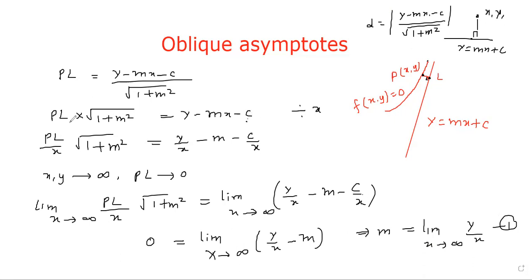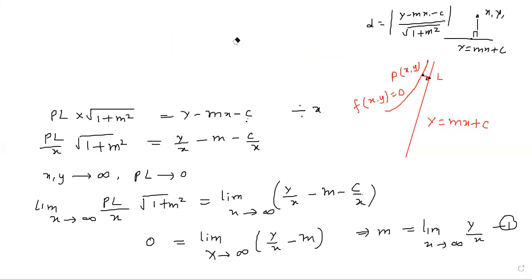We can take c to the LHS, and then we can further write limit x tends to infinity, this y minus mx equal to limit x tends to infinity, then PL will tend to 0, and then all this plus c.